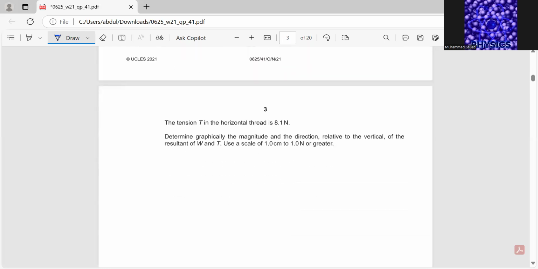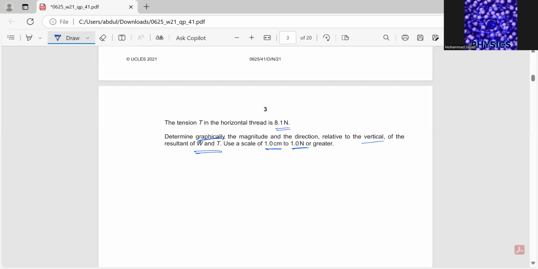The tension in the horizontal thread is 8.1 Newton. Determine graphically, no more Pythagoras theorem, the magnitude and direction relative to the vertical of the resultant of W, meaning weight, and T, meaning tension. They are kind enough here to give a scale of 1 centimeter to be 1 Newton or greater.